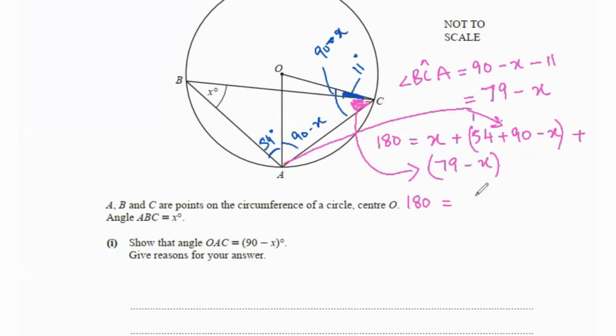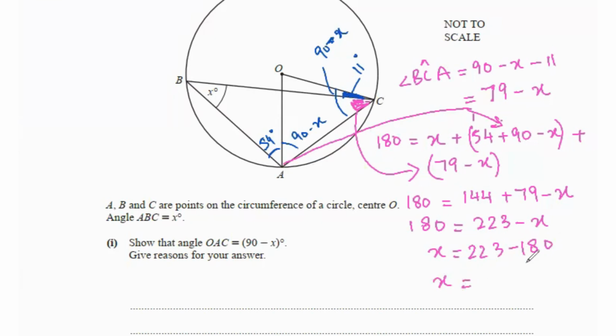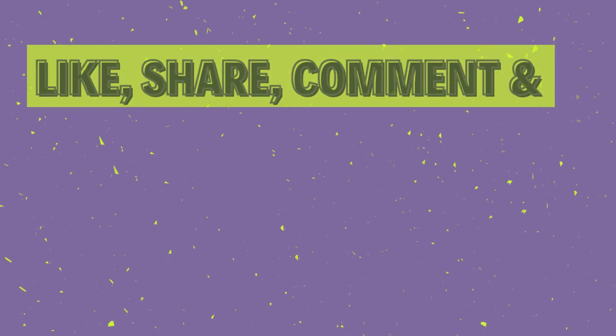So 180 equals x minus x, that x is gone. 54 plus 90 is 144 plus 79 minus x. 180 equals 144 plus 79, that is 223 minus x. x is going to be 223 minus 180. I swapped 180 with x. And that is going to give us 43. So x is 43 degrees.